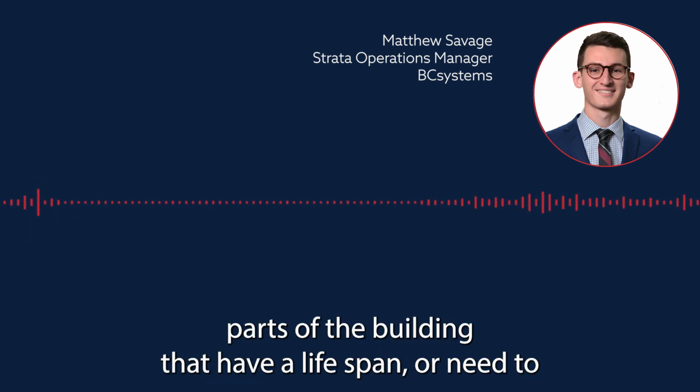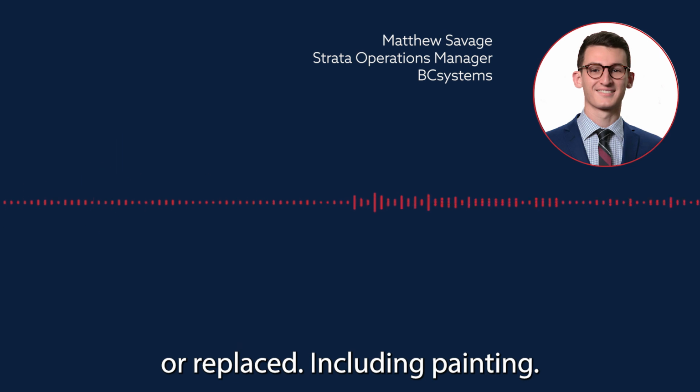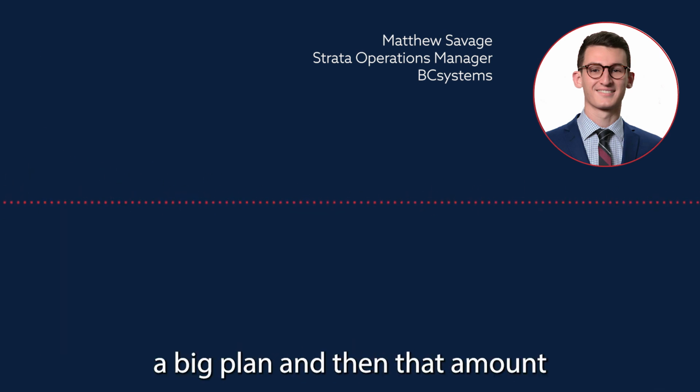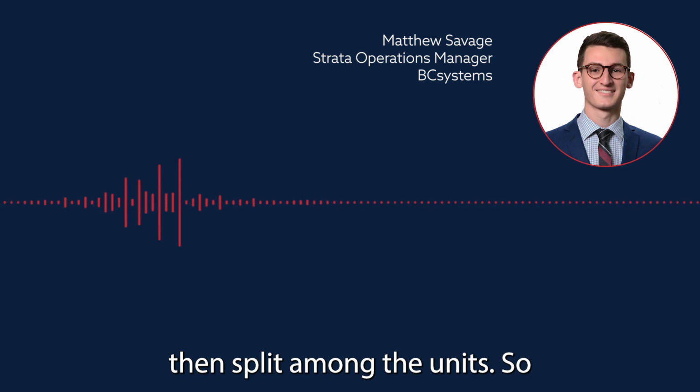So all of those parts of the building that have a lifespan or need to be substantially repaired or replaced, including painting. So those things in the sinking fund are put into a big plan, and then that amount is divided up over the number of years of the plan and then split among the units.